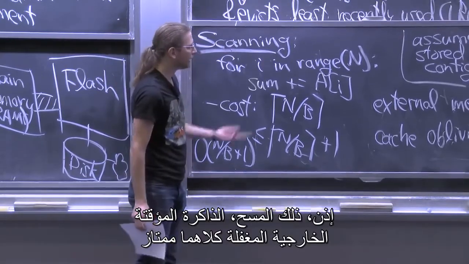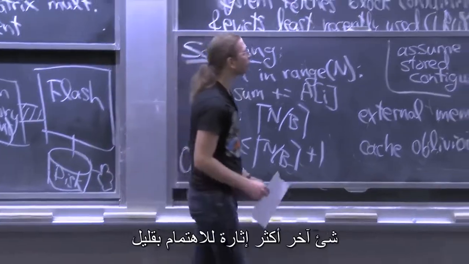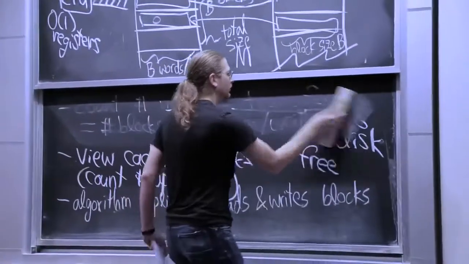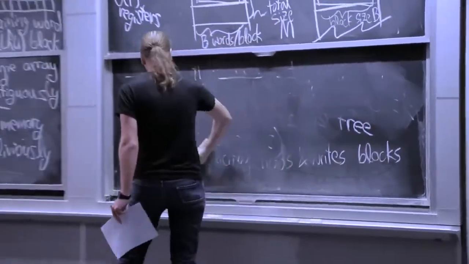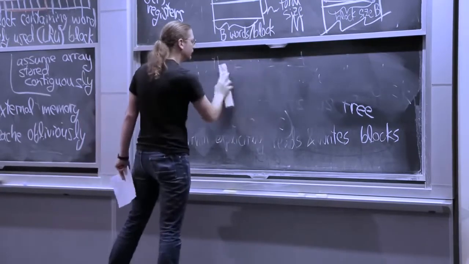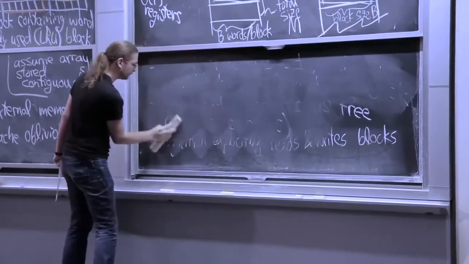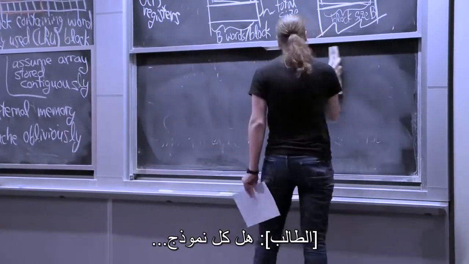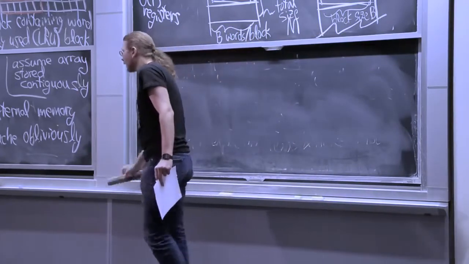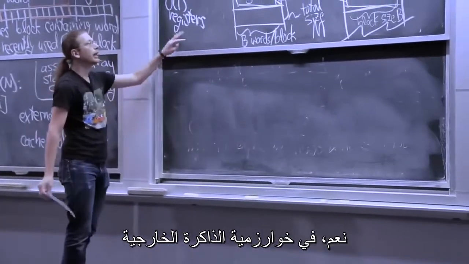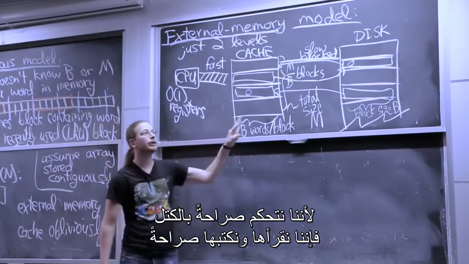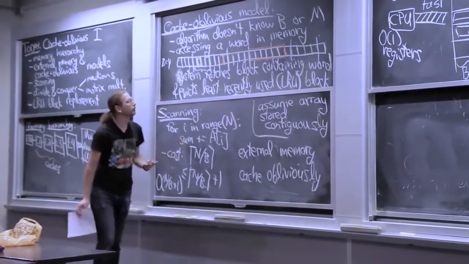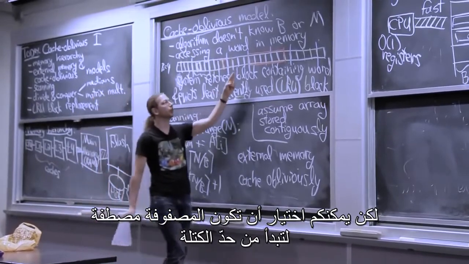So that's scanning, cache oblivious, external memory, both great. Because in the external memory algorithm you're explicitly controlling the blocks, explicitly reading and writing them, and you know where the block boundaries are, you could, if you wanted to, choose the array to be aligned, starting at a block boundary.